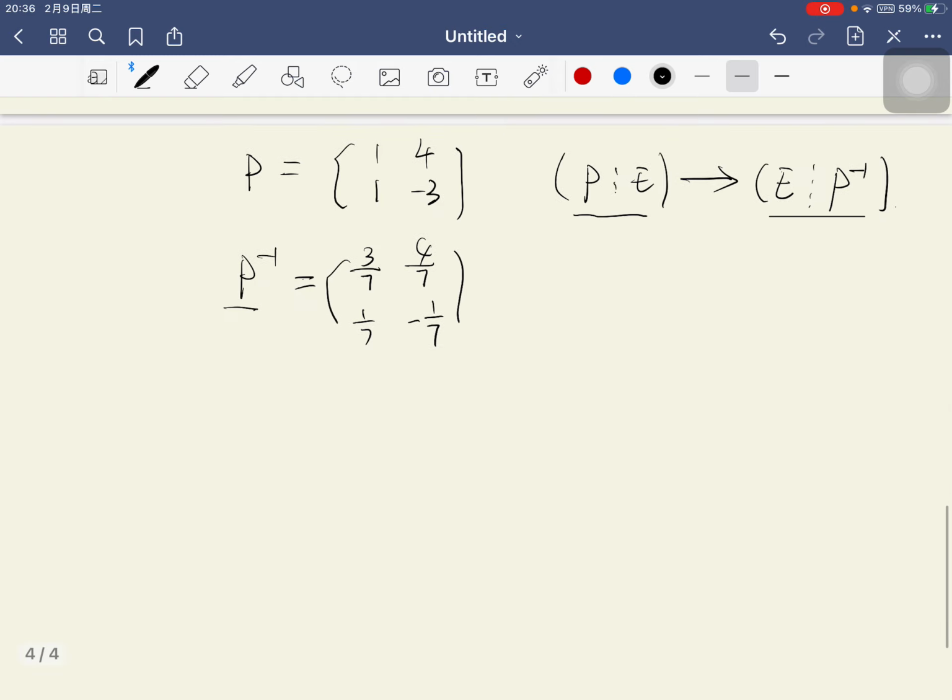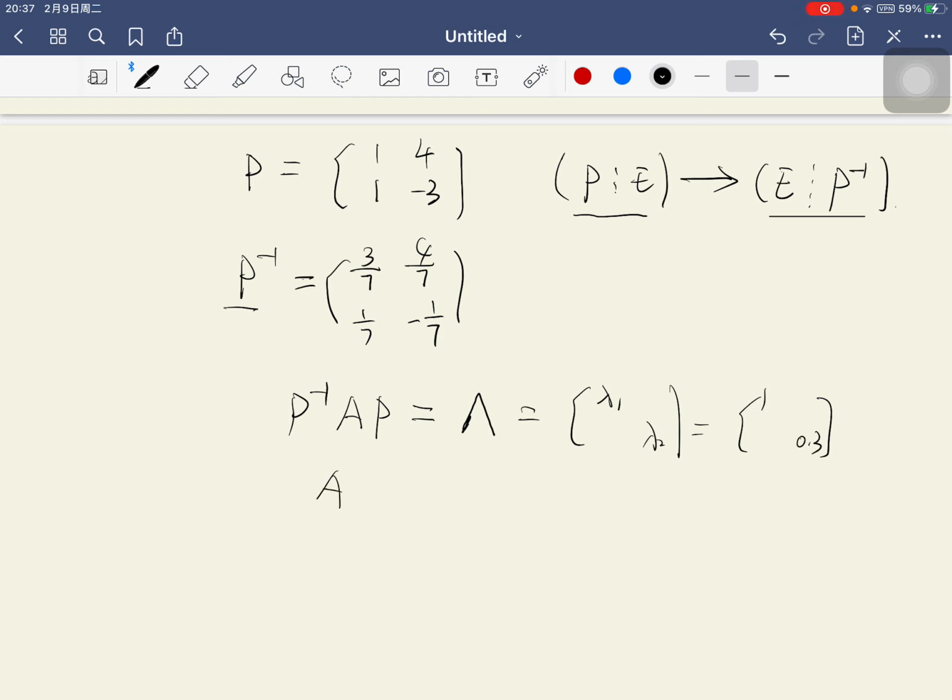So P inverse times A times P is equal to the diagonal matrix with lambda 1 and lambda 2, which is 1 and 0.3.